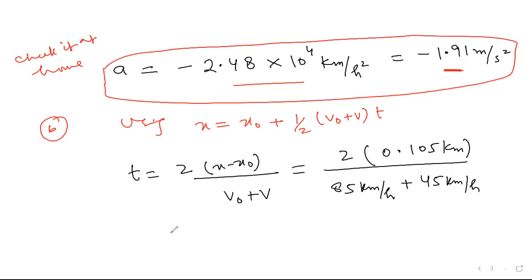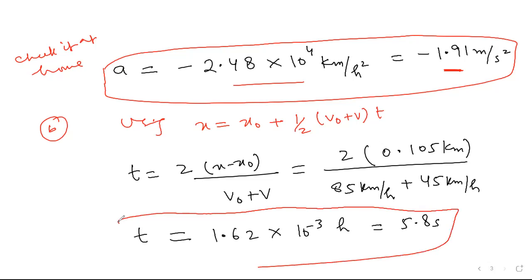So when I make the calculation, it gives me 1.6062 into 10 raised to the power minus 3 hours, which is also 5.8 second. So this is my answer for part B, the time elapsed during the process.